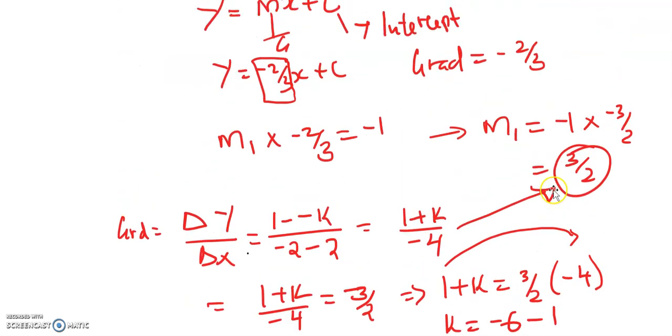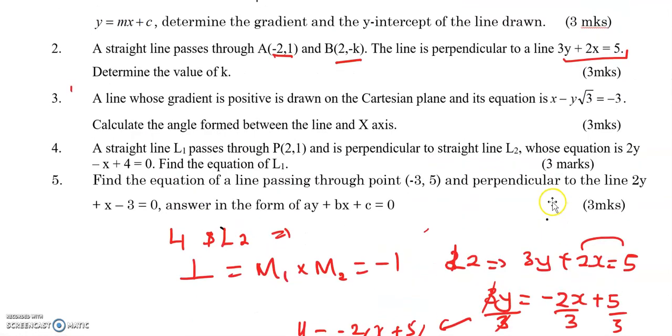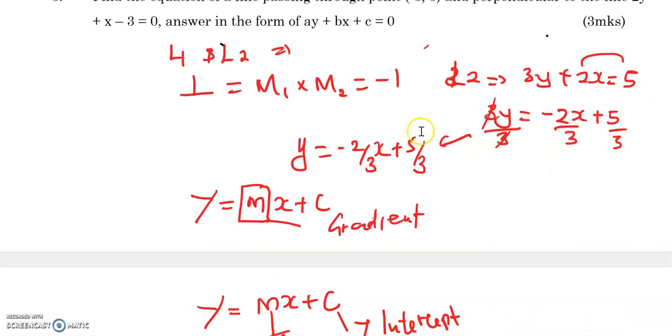So this is question 3. We have x minus y is equal to negative 3. Given such a question, they are asking: calculate the angle formed between the line and the x-axis.